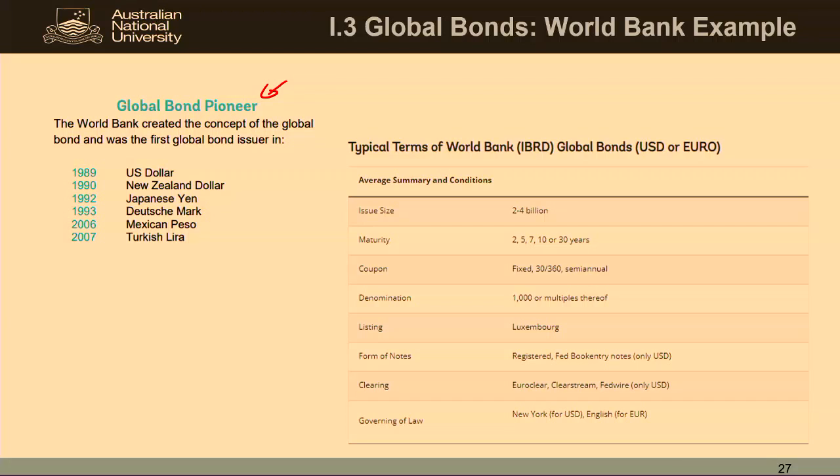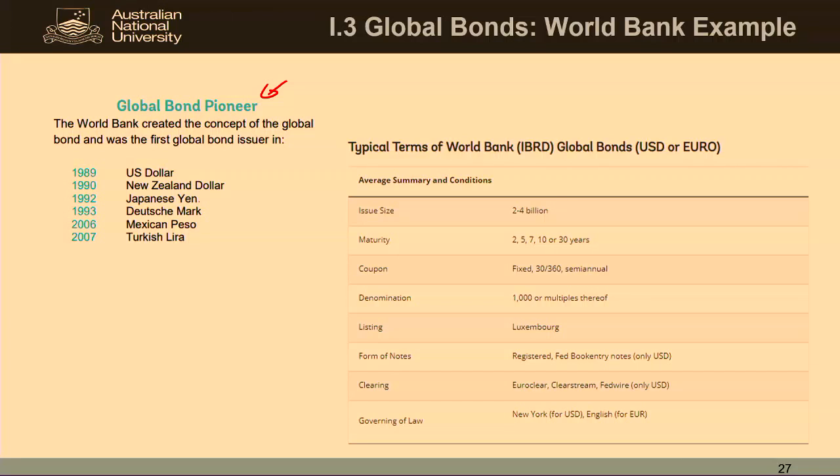They are the first one to issue a US dollar global bond in 1989, followed in 1990 by the New Zealand dollar global bond, Japanese yen, Deutsche Mark, Mexican peso, Turkish lira. So the World Bank typically issues these very large bond issues to help with economic assistance in the various countries that they're trying to raise the funding from.